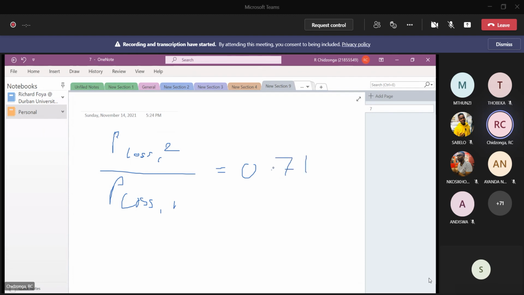That's what we calculated. You see? In other words, power loss 2 is equal to 0.71 times power loss 1. This equation means the power lost in the second case is 71% of the power loss in the first case. So what is the difference? It's a 29% change.